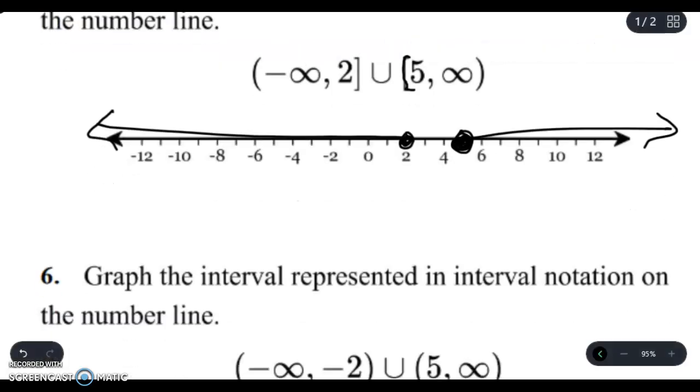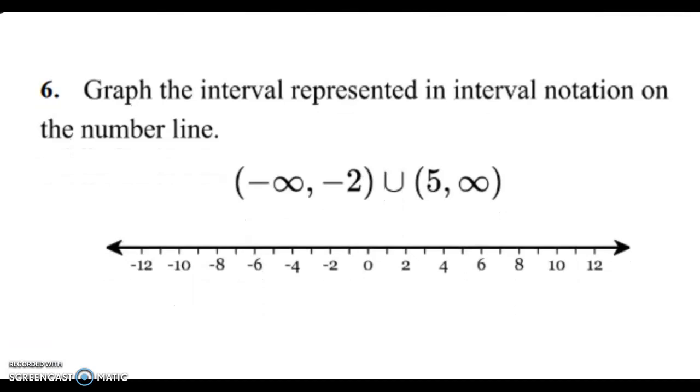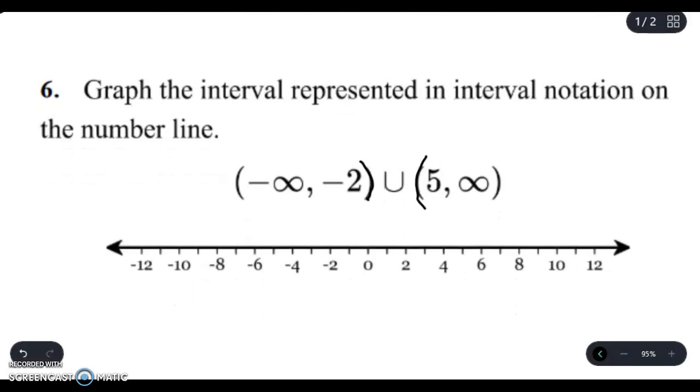All right, let's take a look at another example. On this one, instead of brackets, we have parentheses. Keep in mind, you'll always have a parentheses on the infinity part, whether it's negative or positive. So we have negative 2, which is right here, and we leave it open because it's a parentheses, and we go to negative infinity.